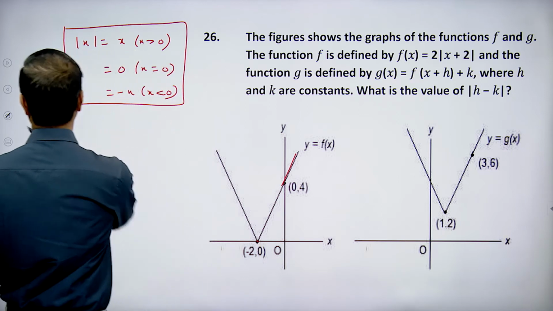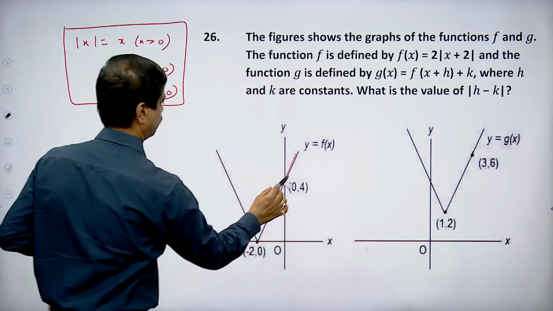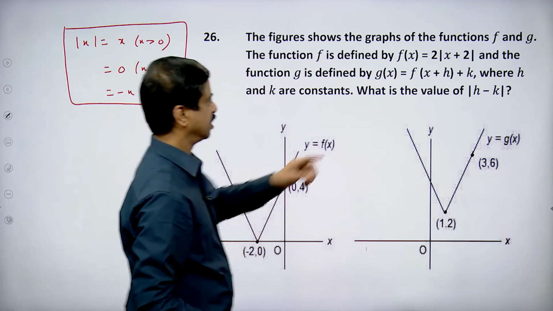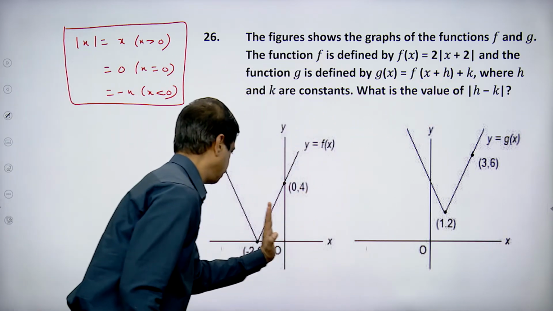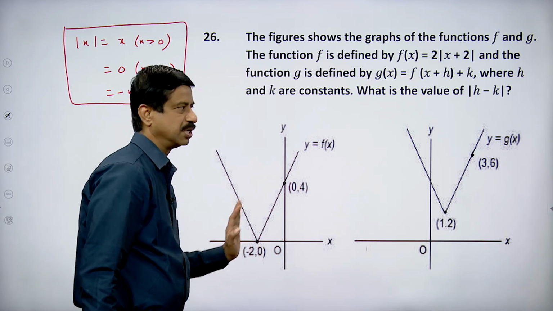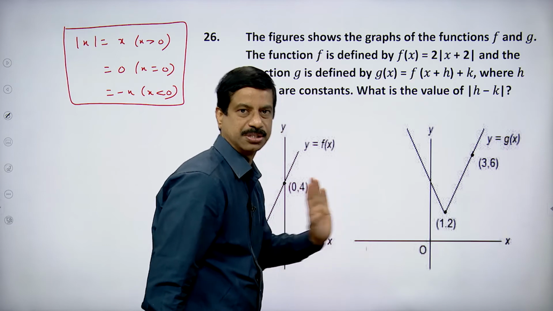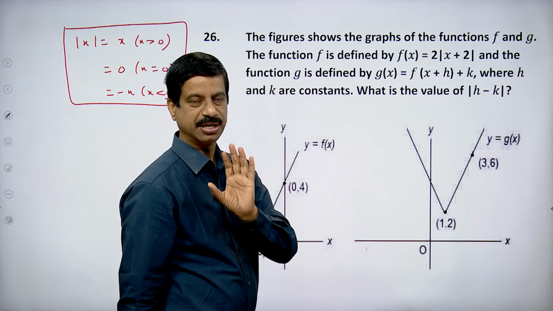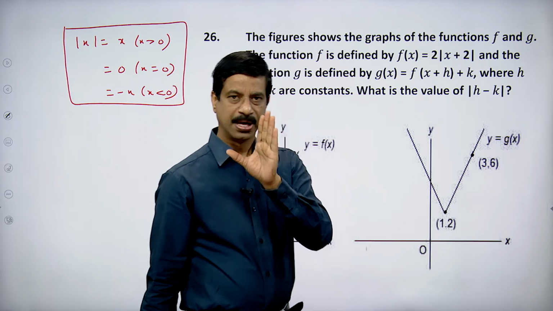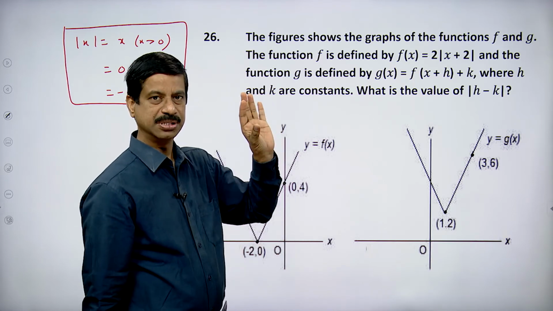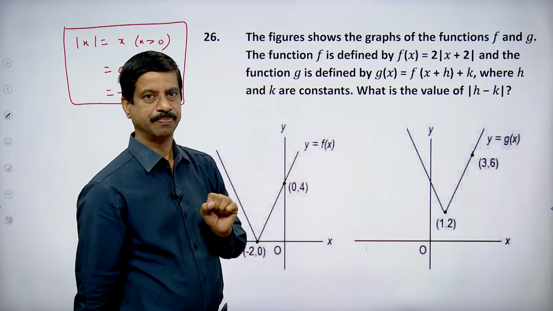So based on that x plus h value, you can decide, if it is plus, graph will move by 2 units to the left. If it is minus, graph will move to the right by 2 units, x plus a and x minus a. If it is f of x plus a, the graph moves to the left by a units, means x equal to minus a.